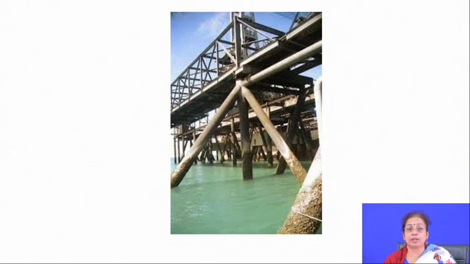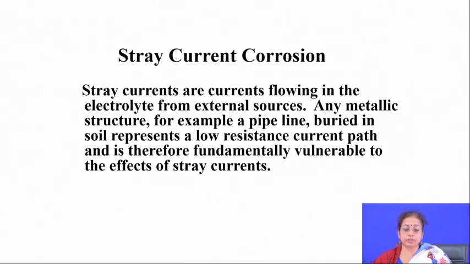So, this particular means is very widely used for protecting large structures against the corrosion process. But one of the important problems associated with cathodic protection is the stray currents which happen in the electrolyte from external sources.